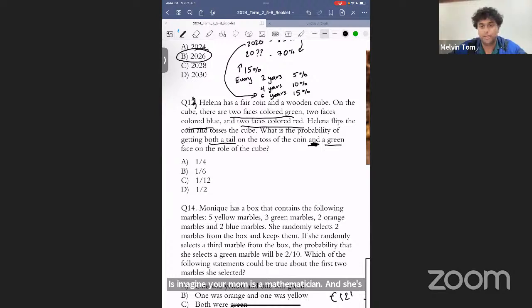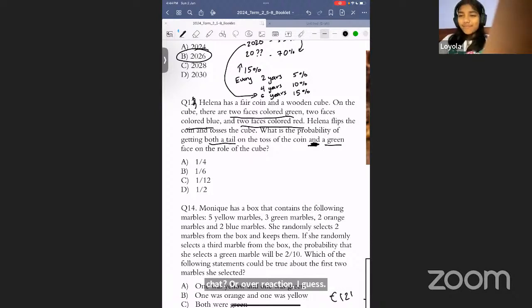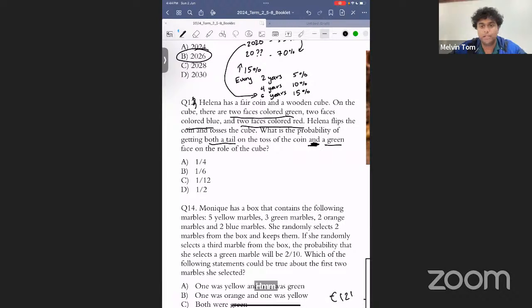So I'm going to choose who would like to be part of the example. Send it in the chat or the reaction, I guess. All right, so I'll use Anya as an example. So Anya, your mom is an evil mathematician, and she says, Anya, has your mom or dad already promised you anything if you pass the GATE exam?